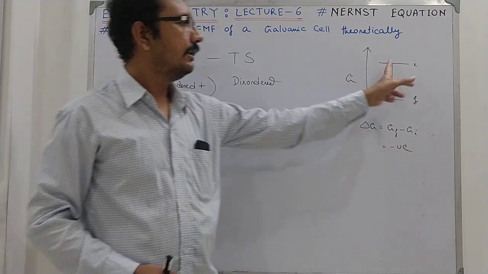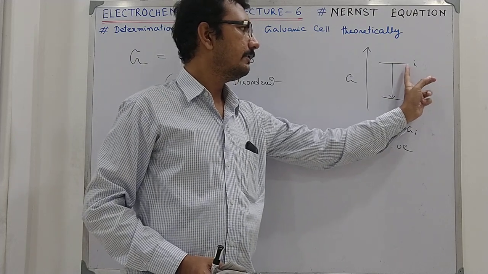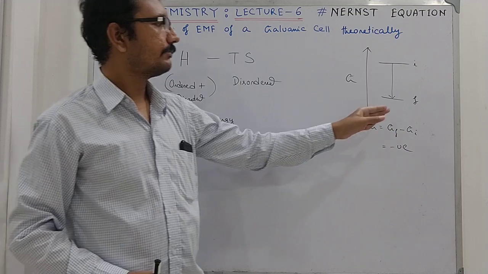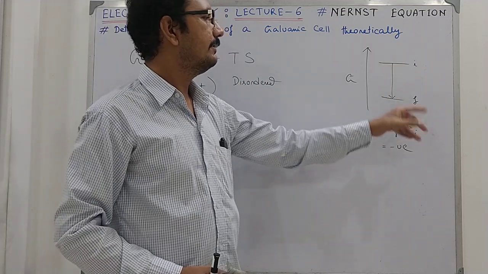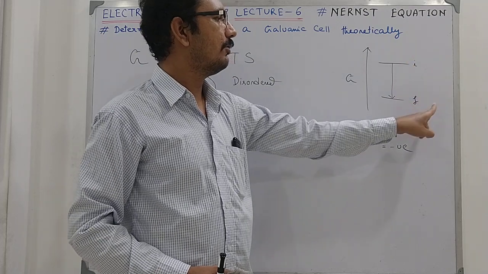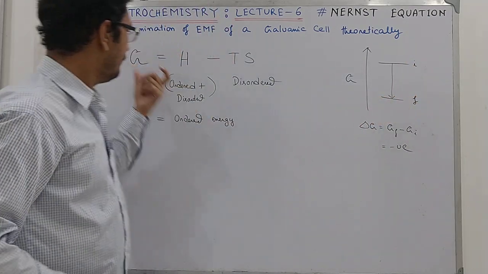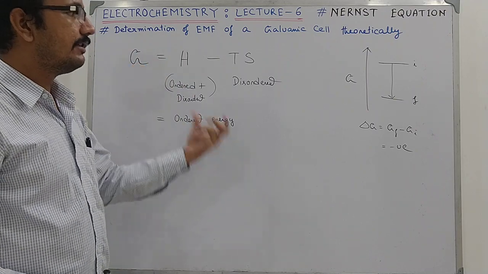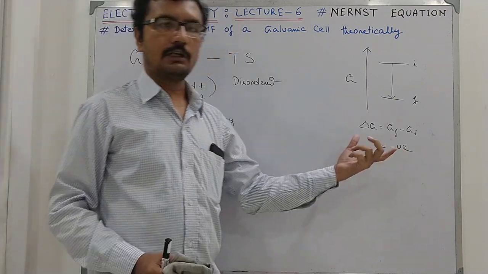Now see, this higher value of G is indicating that it can perform a greater amount of work compared to this one, since this is a measure of ordered energy. So more G means more ordered energy, less G means less ordered energy.